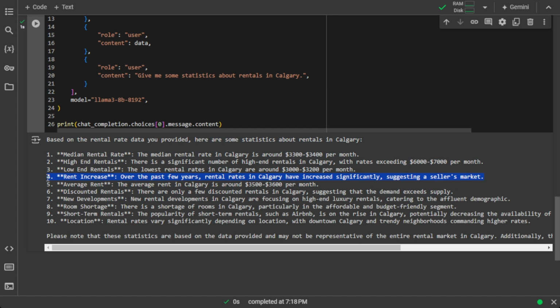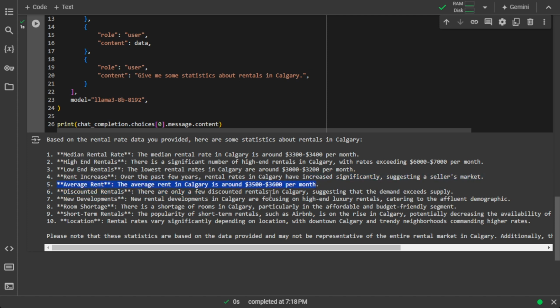Maybe this large language model has contextual knowledge. Maybe they know general rental market history for Western Canadian cities. Maybe they recognize that these $3,000 per month rental rates are higher than the norm, and we know they are because we're looking at the tail end of the data frame. So that's interesting to note.